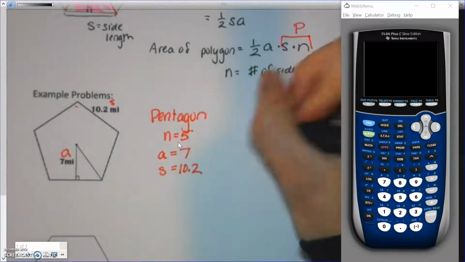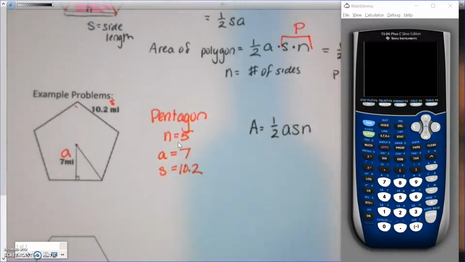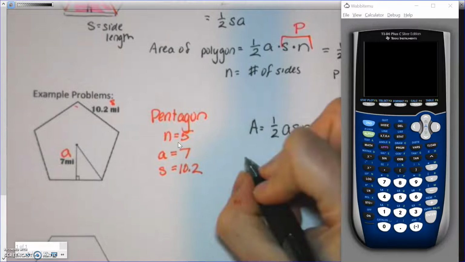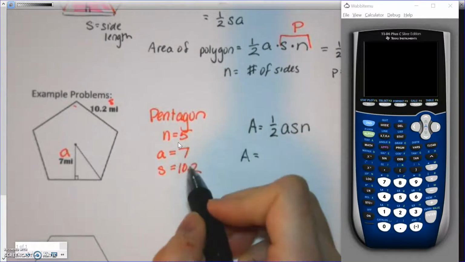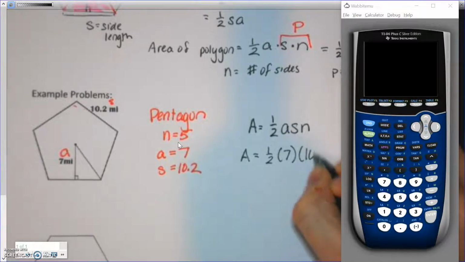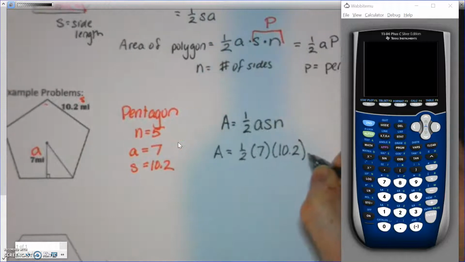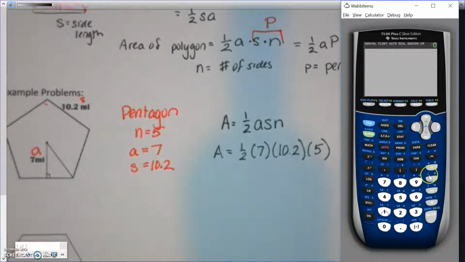So to calculate my area, I'm going to write down my formula. And then I'm going to substitute in my values that they've given me in the problem. So my A is 7, the S is 10.2, and n is 5. And then I can use my calculator to figure that out. I'm going to do 1/2 times 7 times 10.2 times 5.